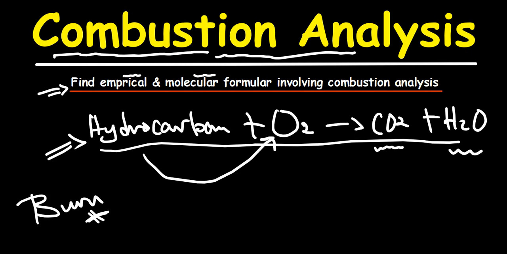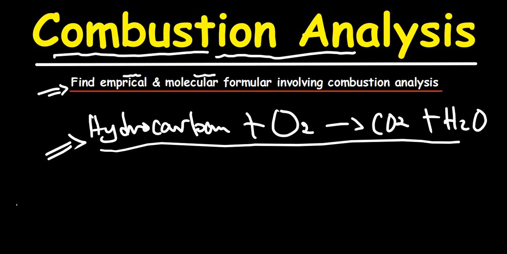Water. Okay, so this hydrocarbon there is just a compound that is made of carbon plus, it can be carbon plus hydrogen plus oxygen. Sometimes it can be carbon, hydrogen and nitrogen.